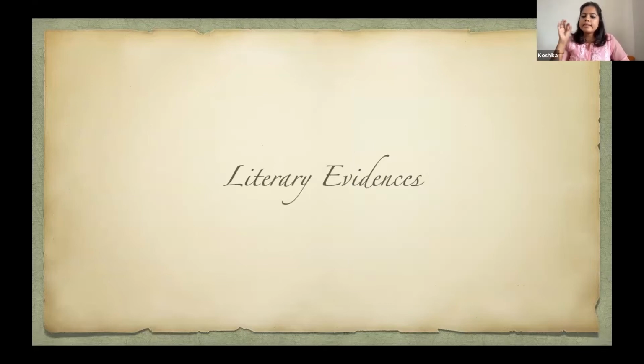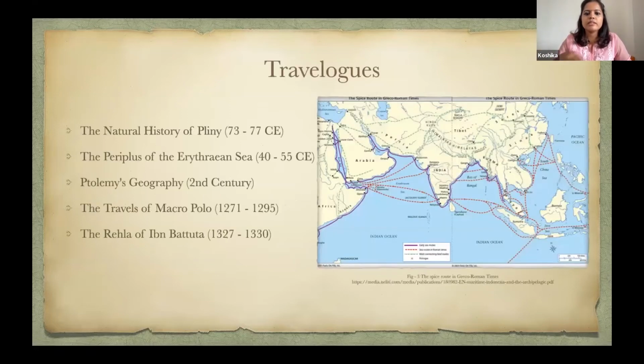So, as I said, there is a lot of evidence that proves the contact that Arabs and Tamils had. So first, let's see the travelogues of the different authors. First, the Natural History of Pliny, from around the 1st century.